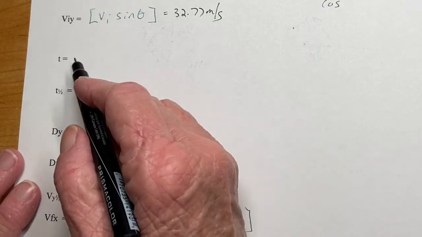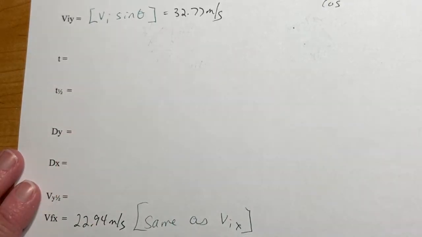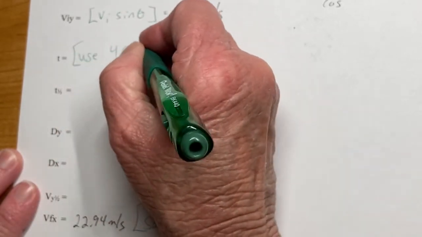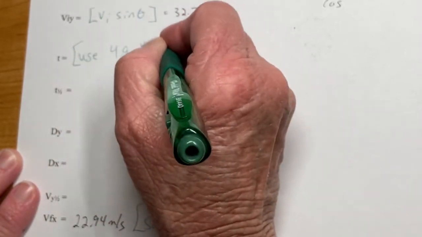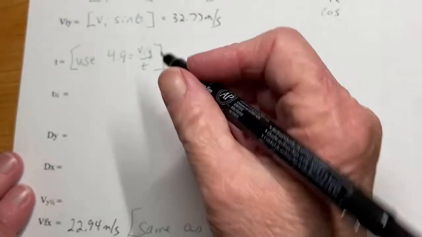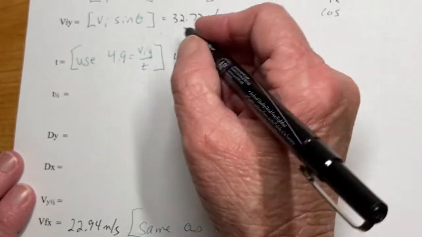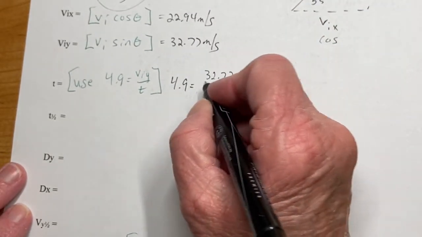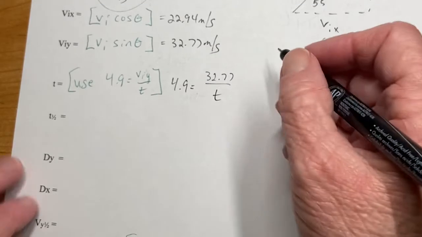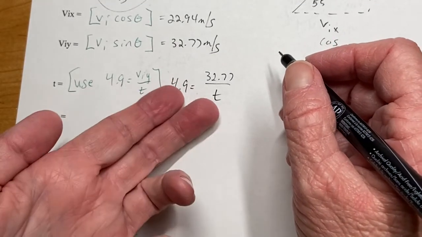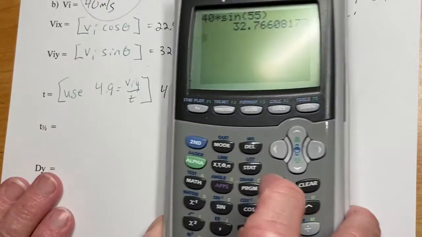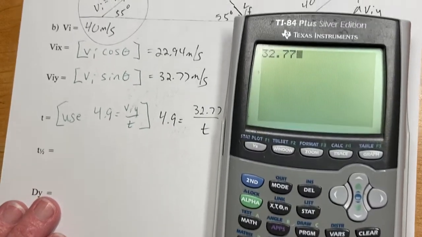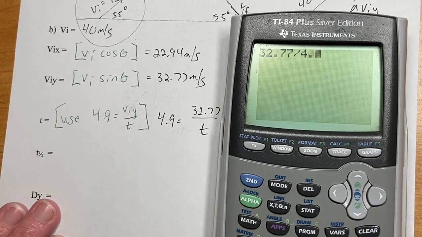We're going to start with time. We're going to use that 4.9 equals VIY over T. So 4.9 equals, and this is where we want to make sure we don't mess them up, 32.77 over T. Now remember, solving in the denominator, these two flip. So on my calculator, I'm going to have 32.77 divided by 4.9.